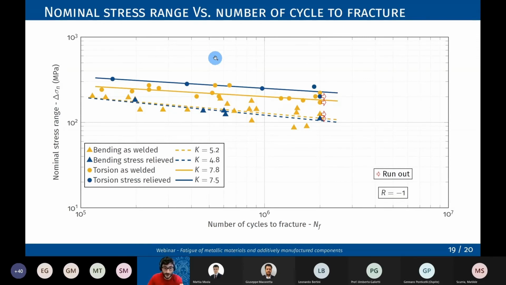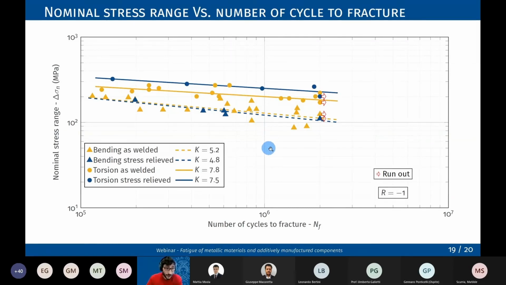As I said before, these are preliminary results. We have to understand if this result is related to, for example, a different batch of specimens that we used, or is given by the stress relieving process.